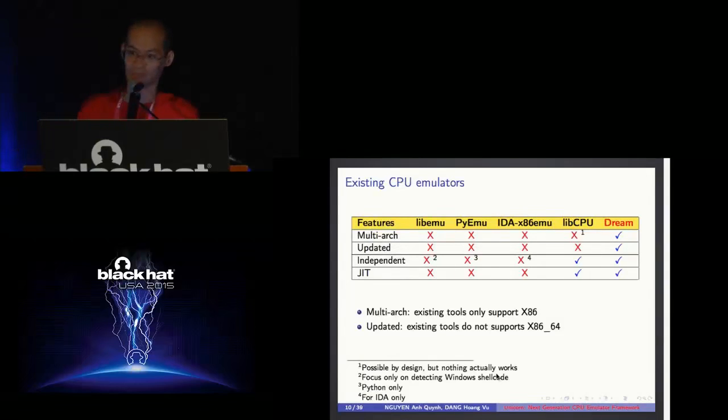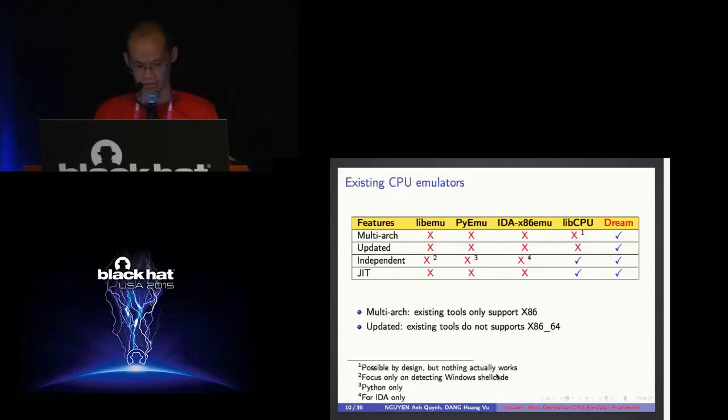You cannot write C code with pyemu. IDA x86emu is a good plugin for IDA, but it's for IDA only. You need IDA to run it. It's not independent, right? libcpu is independent, because it's a standalone project written in C++, but it's dead.